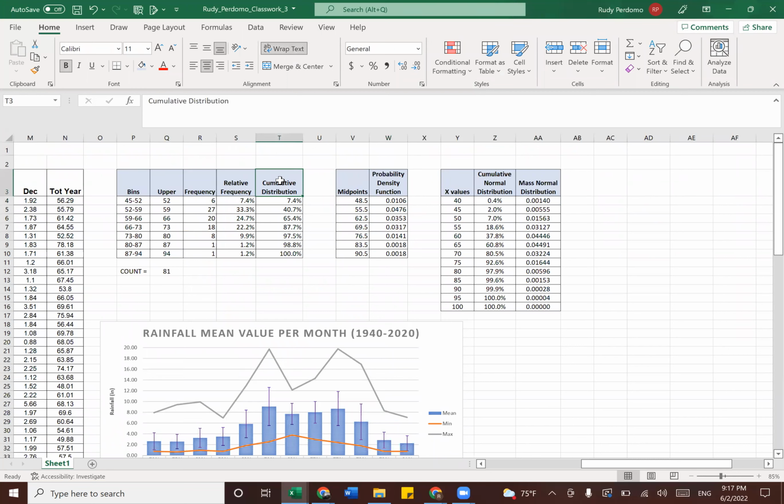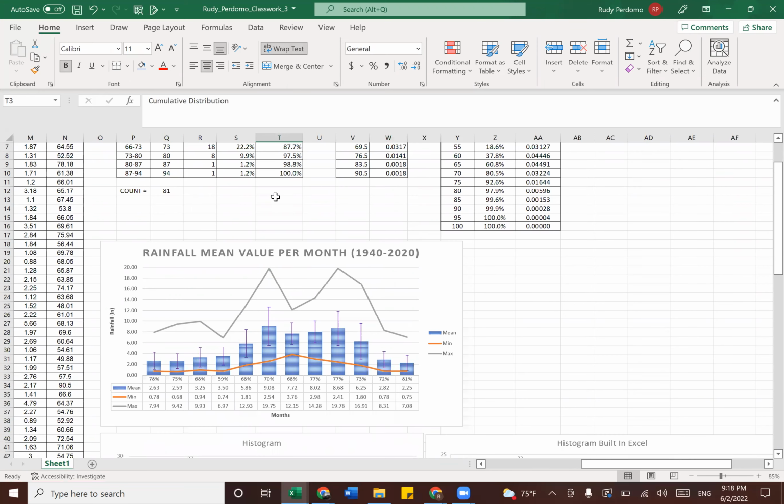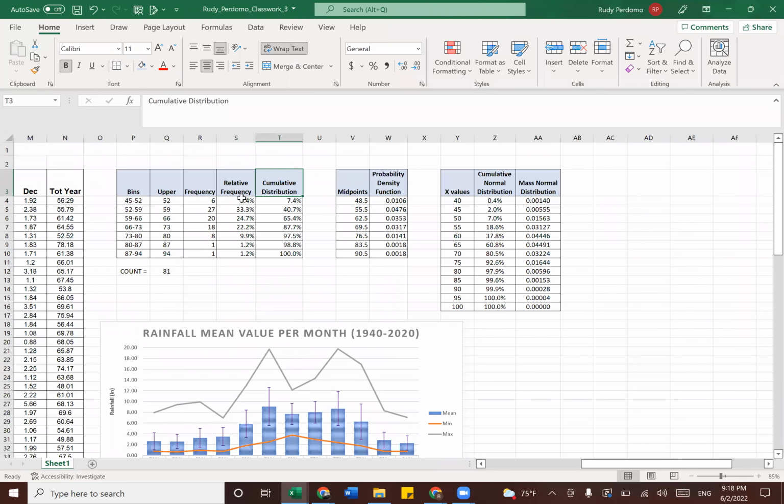So you see, cumulative probability is pretty much just including all the way up to that bin. So the probability of getting anything up to that bin. If you're in the first bin, obviously you only have one bin to count, so it's 7.4.